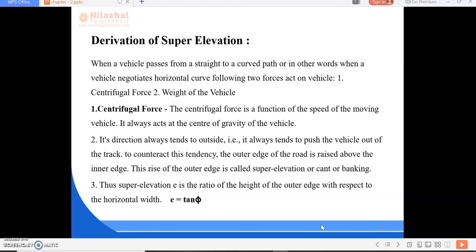To counteract this tendency, the outer edge of the road is raised above the inner edge. This rise of the outer edge is called super elevation, cant or banking. Super elevation is the ratio of the height of the outer edge with respect to the horizontal width, that is e equals tan phi.